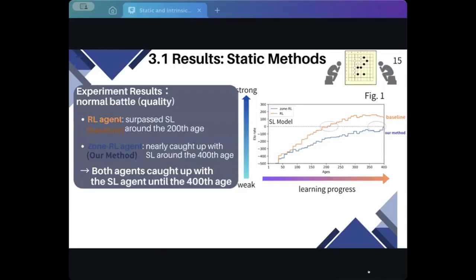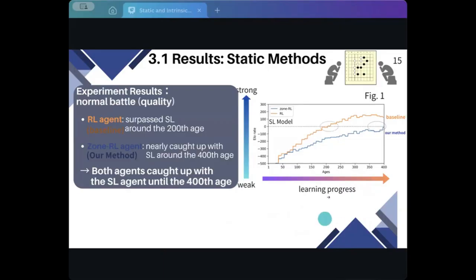The experimental results of static methods. This figure illustrates normal game results with a supervised learning model. The x-axis represents learning progress, and the y-axis represents the error rating, which indicates the strength of the agent, and which corresponds to the agent's quality.